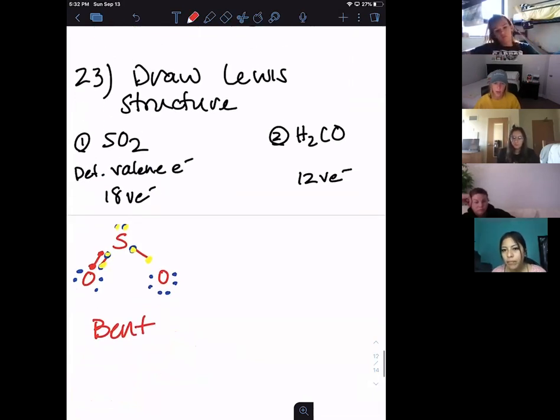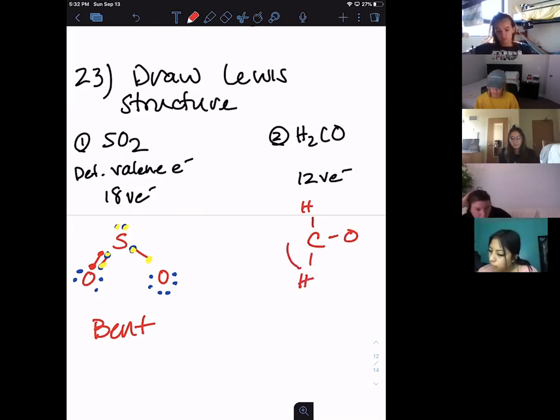Now let's do H2CO. I said that there were 12 valence electrons in this one. So again, I would always make carbon my main source, carbon the center. Let's give carbon 4 bonds. I'm just going to do something that looks like this to begin with. And then oxygen and hydrogen. We know hydrogen only forms 1 bond, okay? So this is pretty parallel here, but this gap is a little bit too big.